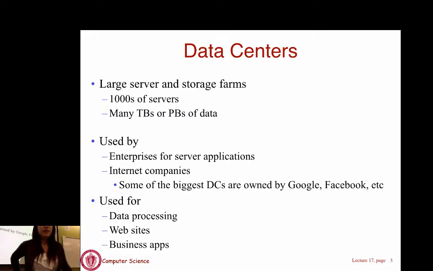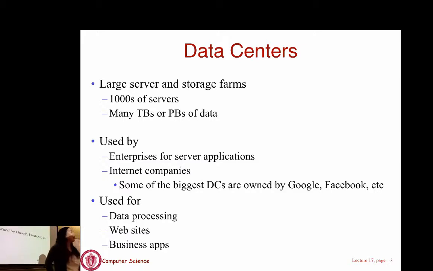As it is used by large companies, it's also fairly common to use data centers for data processing. Say you have a warehouse with a lot of data to process for your customers, and you want to find out what the customer is interested in.